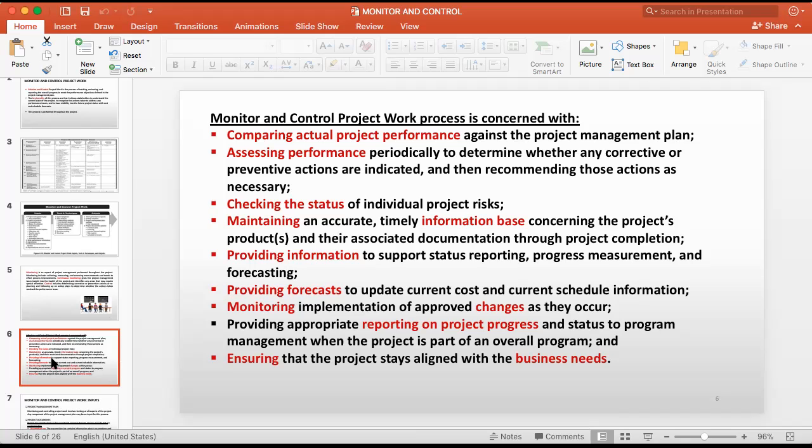So you will have to monitor all these things. Providing information and providing the forecast is not that difficult if you have staff for that, but you are the person who takes the decision. So you should be on it all the time. You can't just say, you do this, you do that. You have to lead all these things.